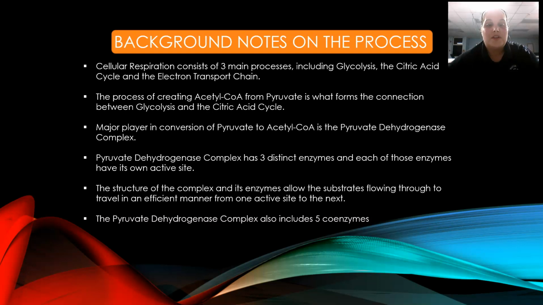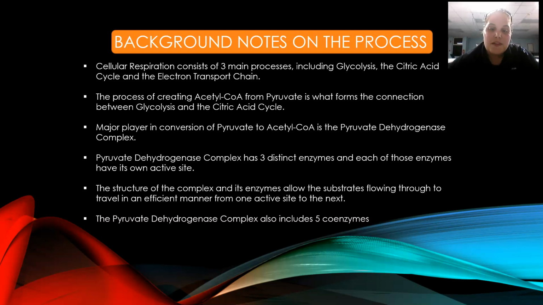The main player in the conversion of pyruvate to acetyl-CoA is the pyruvate dehydrogenase complex. The pyruvate dehydrogenase complex has three distinct enzymes, and each of those enzymes has its very own active site.